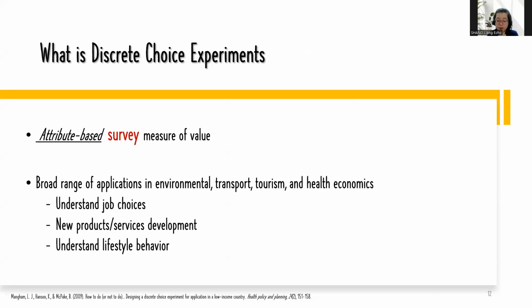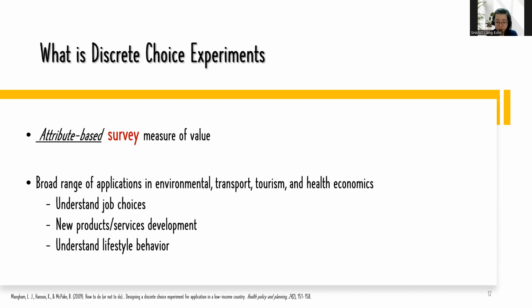Simply speaking, discrete choice experiments involve presenting your participants or respondents with a series of scenarios that involve different product or service alternatives. For example, we can present them with coffee option A and coffee option B, each described by different levels of attributes.